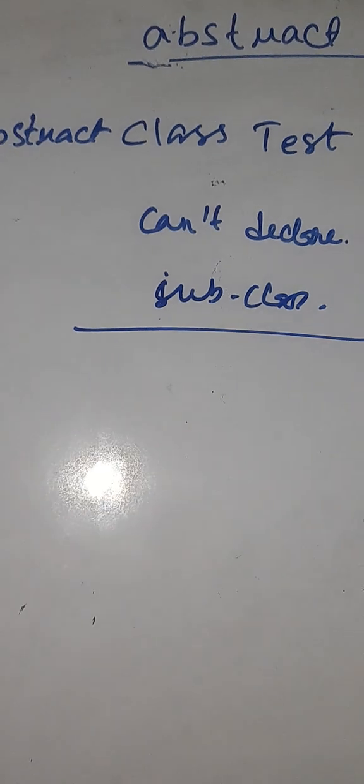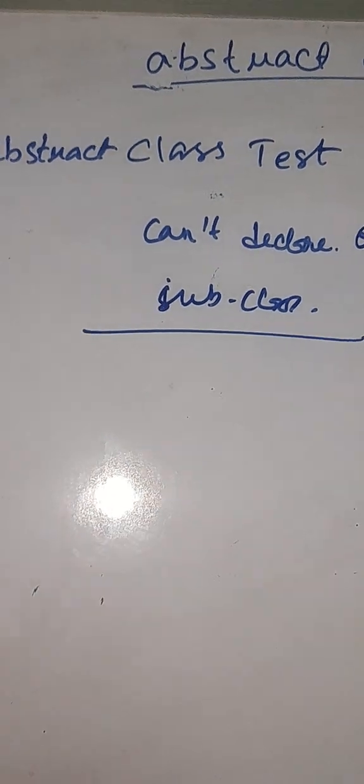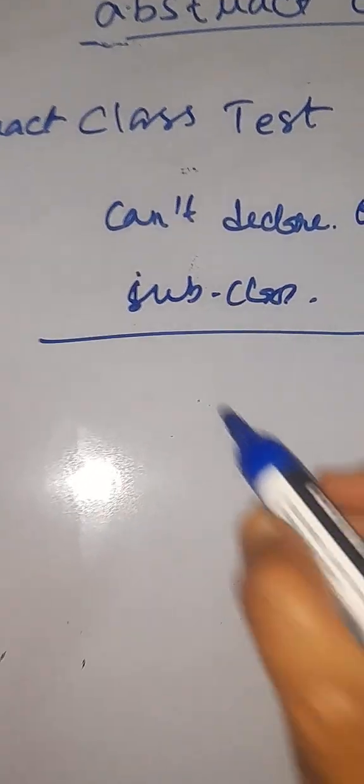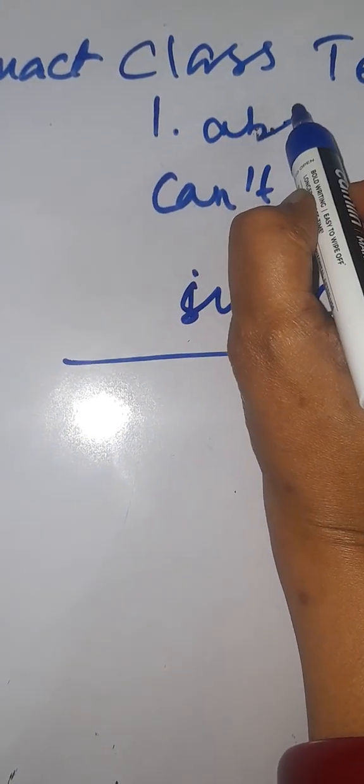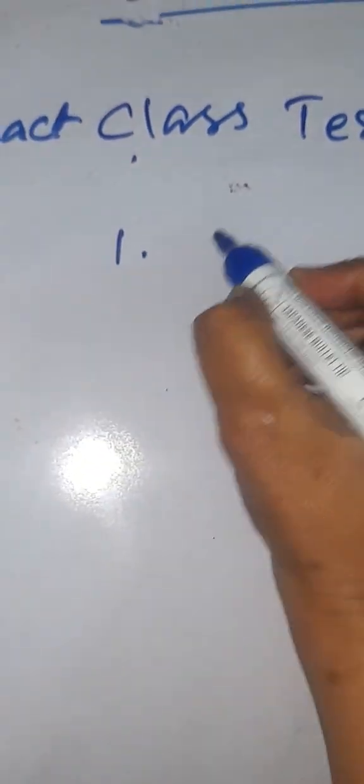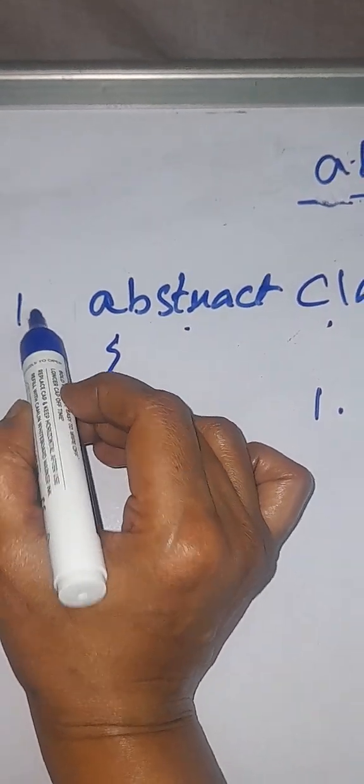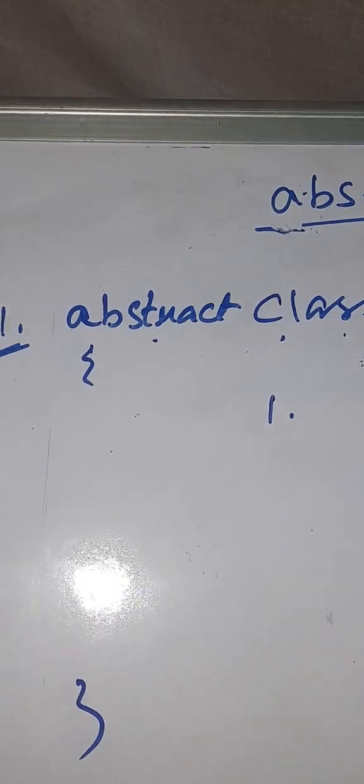Using the subclass you can access the members of the abstract class. So the first point is that when you declare any class, you have to use the keyword abstract, then that class will be the abstract class.